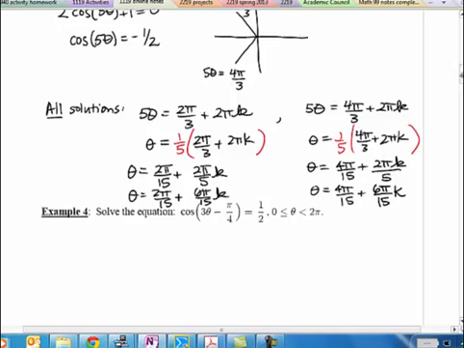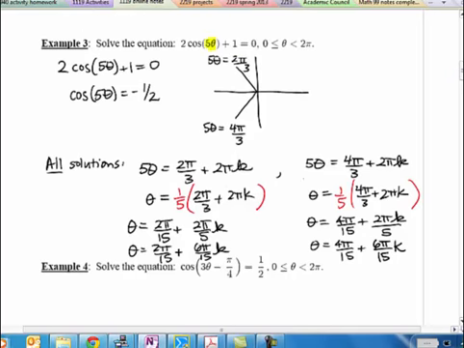We don't want all solutions, though, but it's the easiest way to figure out the solutions we do want. So we've got a list of all the solutions. Now we want to figure out the ones between 0 and 2 pi.